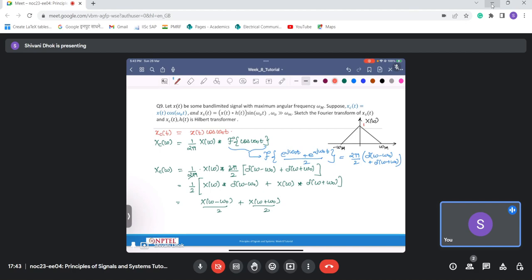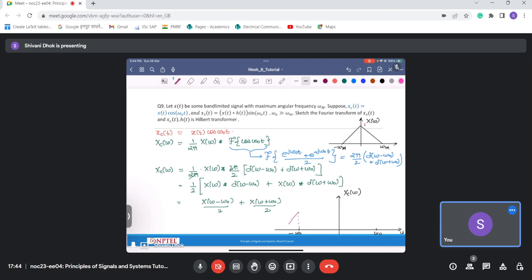Now if I sketch this, it looks something like this. This is omega, and this is, let's say, Xc(omega). This is minus omega naught, and this is omega naught. So we have that this is 1 by 2.